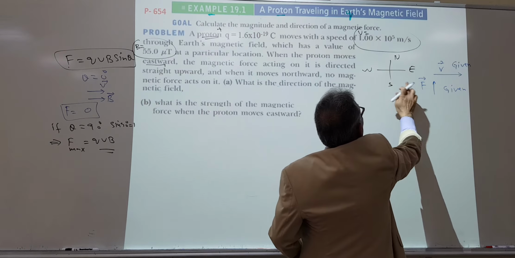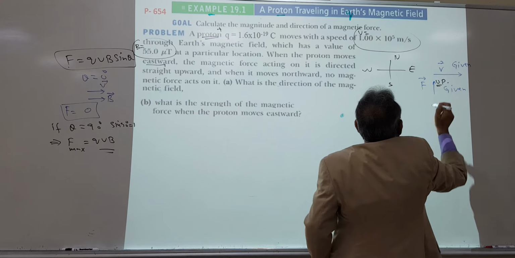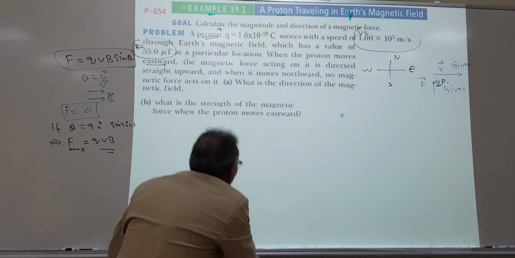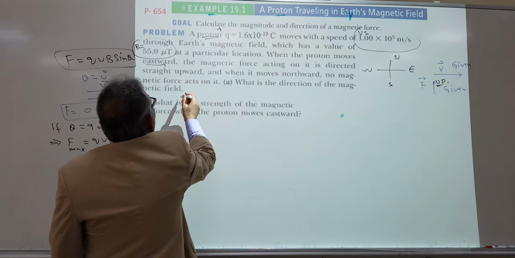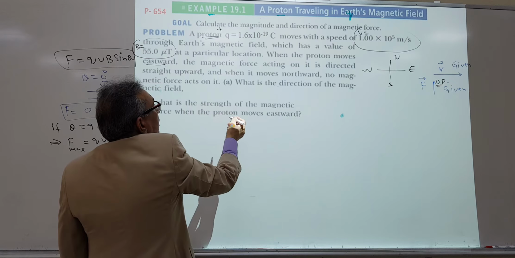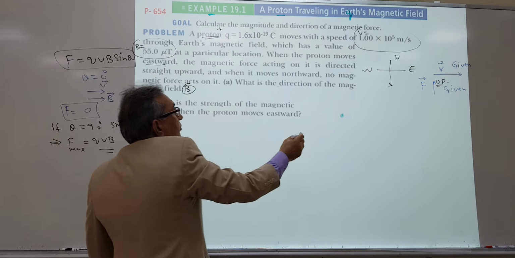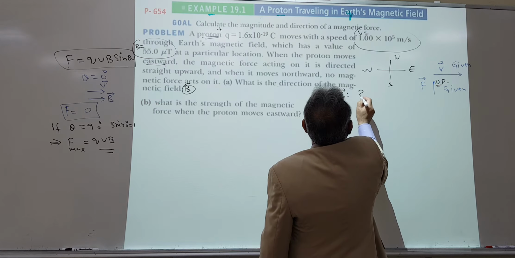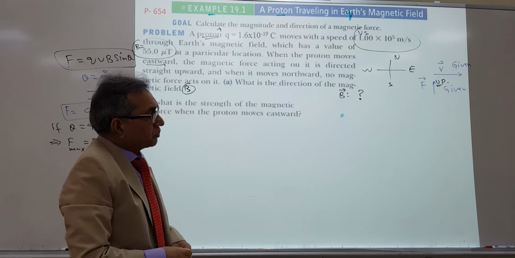This is not north, this is up direction. Keep in mind, I will explain it shortly. And when it moves northward, no magnetic force acts on it. What is the direction of the magnetic field B? You have to find out the magnetic field B direction.